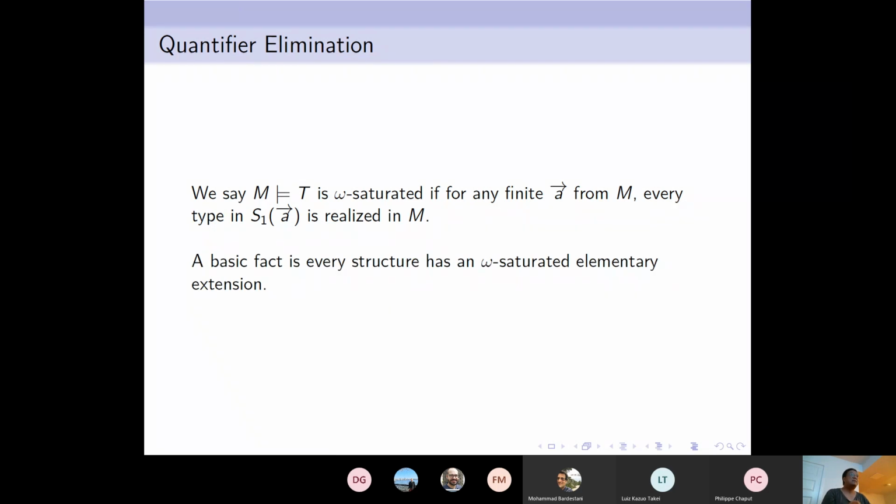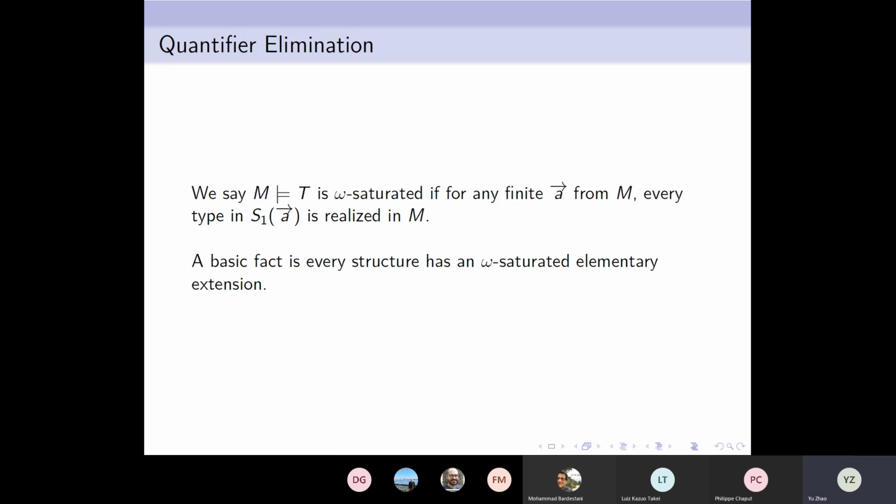A basic fact is every structure has an omega saturated elementary extension. This is also very important in the Nullstellensatz. So in the sense that every field has an elementary embedding into an omega saturated algebraically closed field.